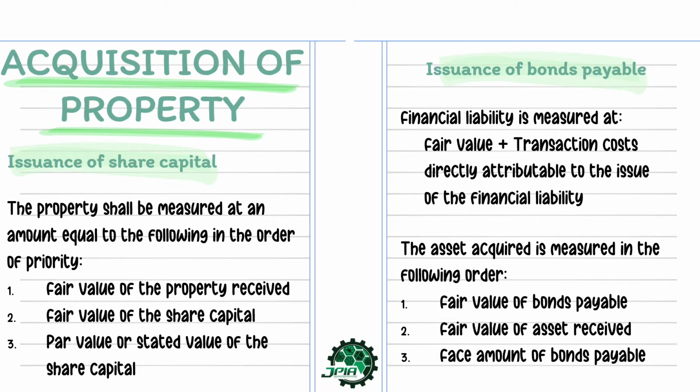If the fair value of the bonds payable cannot be determined, then go for the fair value of the asset received. If there is really no fair value of the asset received, then go for the face amount of bonds payable. But the top priority here is the fair value of the bond used for this property.